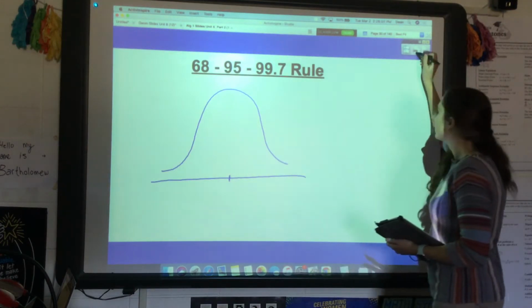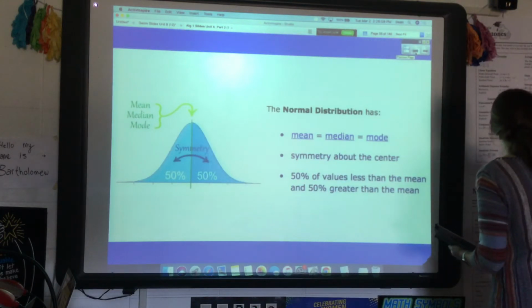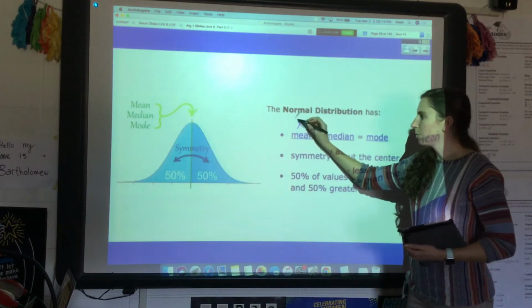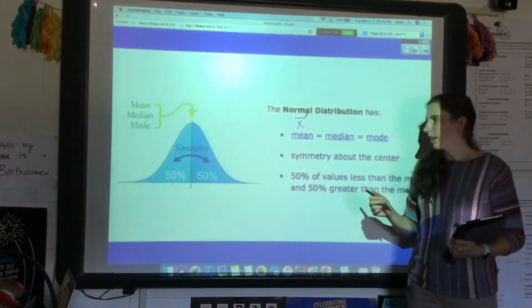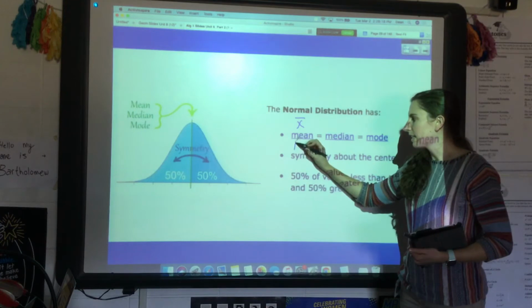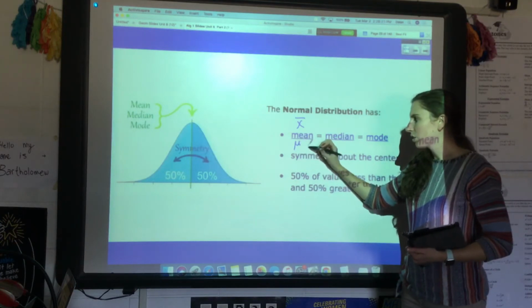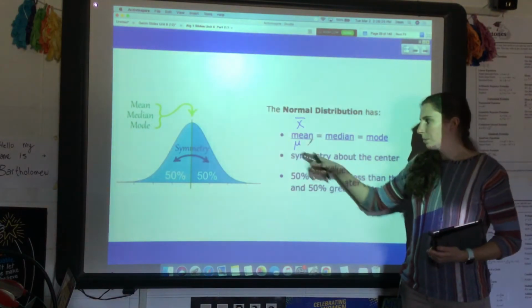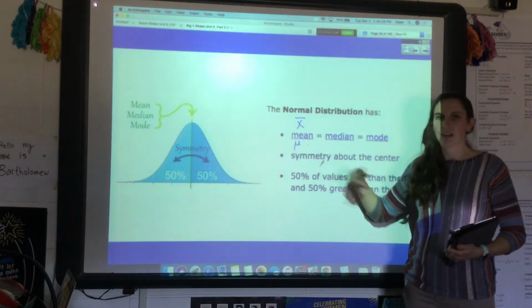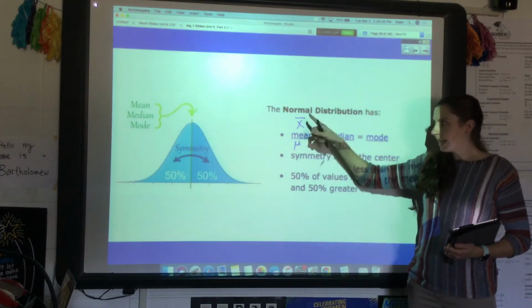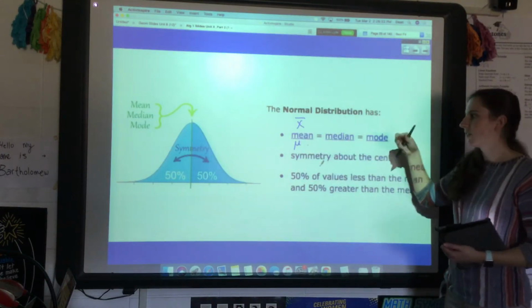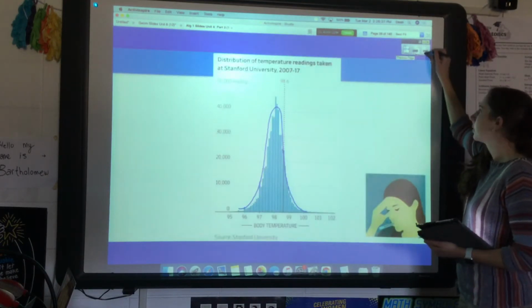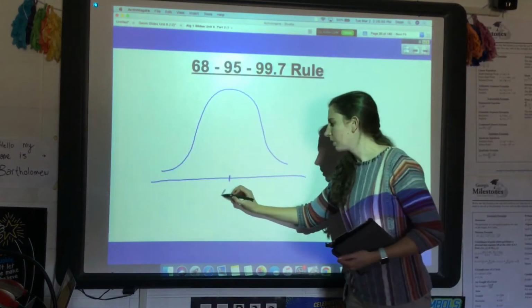The mean, we've been using x bar, but there's actually another symbol for mean, and it's this. It's called mu. It's just another Greek letter that we sometimes use for mean. It looks kind of like a U with a line right here as well. Typically when you see this stuff written out, they use this symbol rather than x bar. So I'm going to use that mu symbol. All right, so this is the mean.